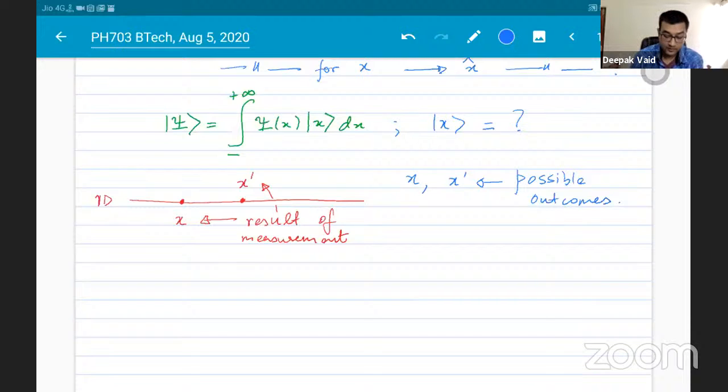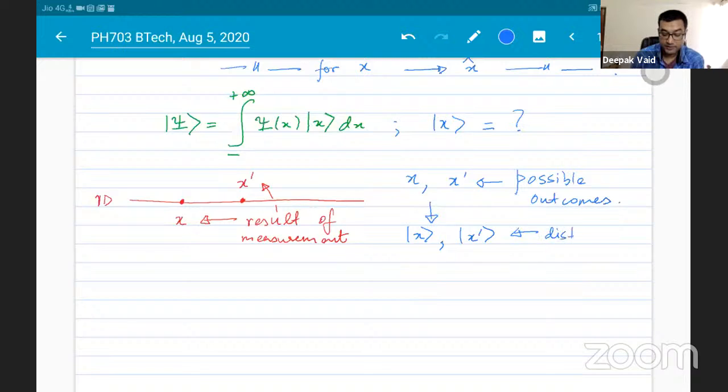In terms of vectors, how should we write it? This is one possible outcome, this is one possible outcome, and these are different outcomes, right?